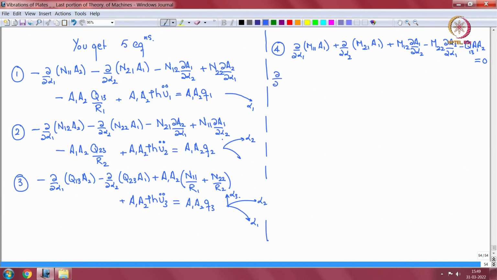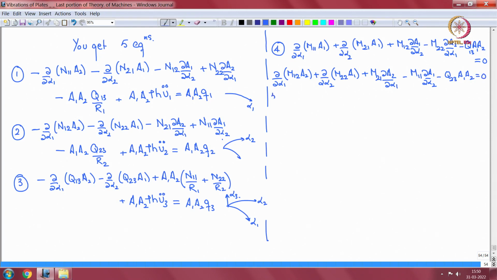Then del alpha 1 m12 a2 plus del alpha 2 m22 a1 plus m21 del a2 by del alpha 1 minus m11 del a1 by del alpha 2 minus q23 a1 a2 equal to 0.